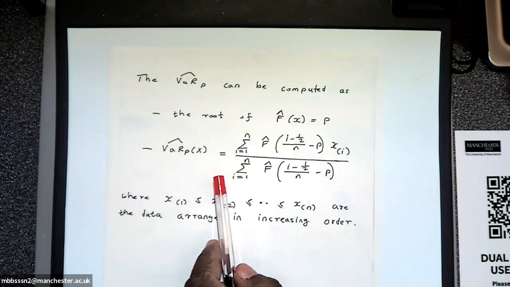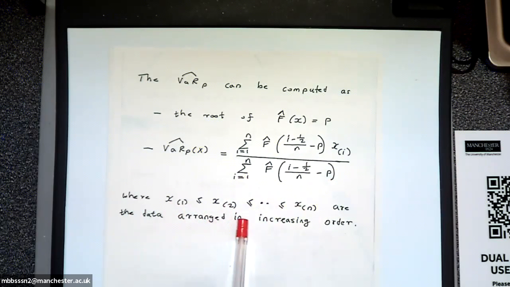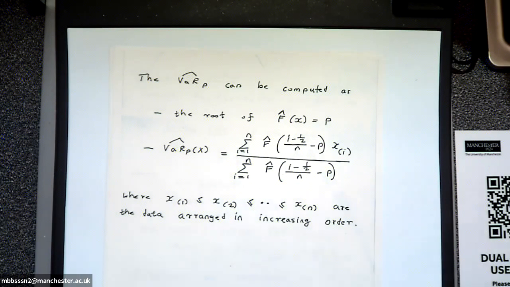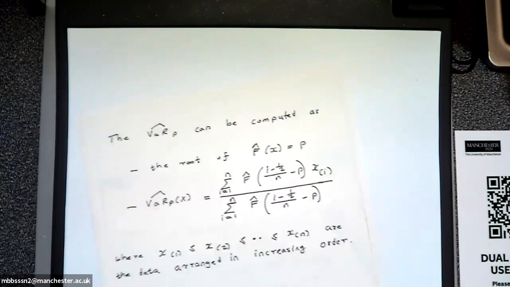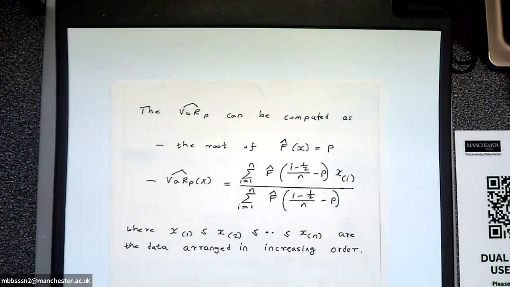And the second method is to use this formula here, where these are the data arranged in increasing order. So once again, f hat denotes the kernel CDF. These are two different ways to estimate VAR based on the kernel CDF. All right, so these are the non-parametric methods for estimating value at risk.